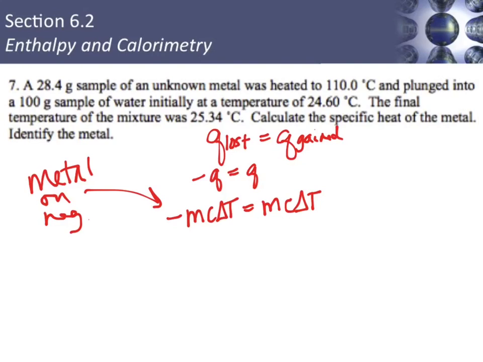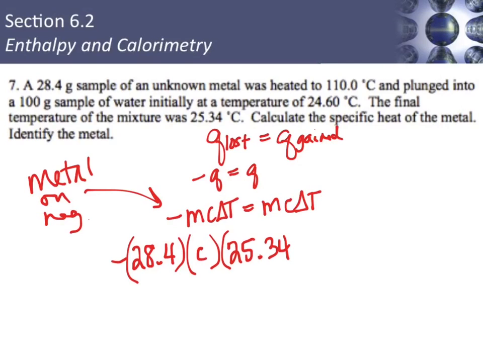Okay, so what's the mass of our metal? We have negative 28.4 times the C of the metal, which we're looking for, and our delta T is 25.34, the final temperature of both of them, minus the initial temperature of the metal, which was 110. So we took that metal, it was really hot, dropped it into the water, 100 grams of water.